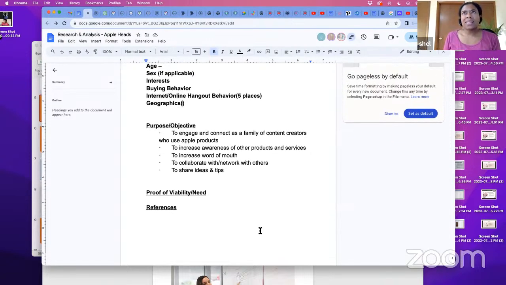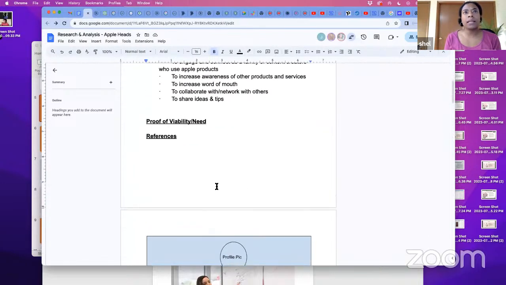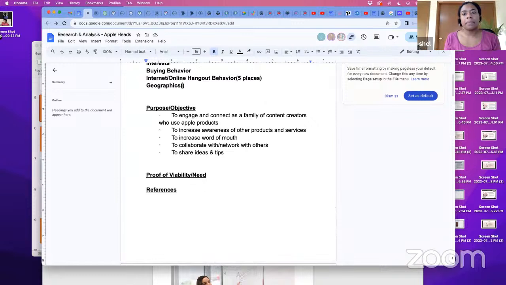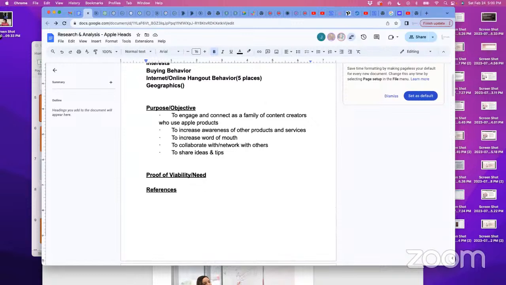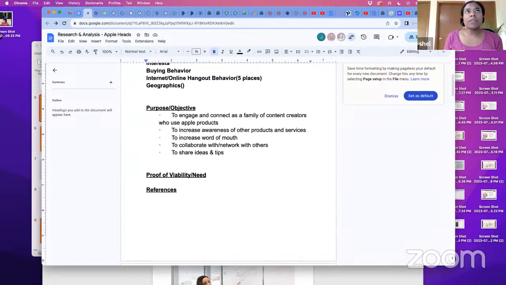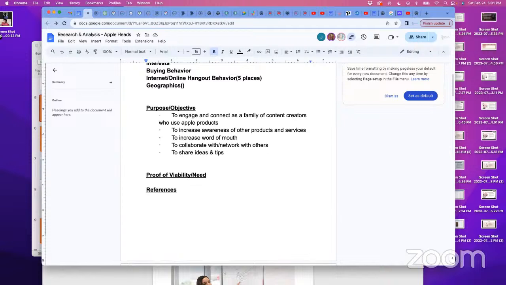I think Janella and Angela had references. Did you post any, Tori? No. Okay. Janella and Angela, are you pasting yours inside of the Google Doc? I'm trying.